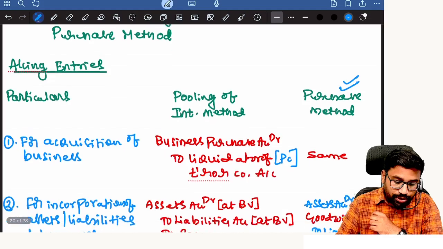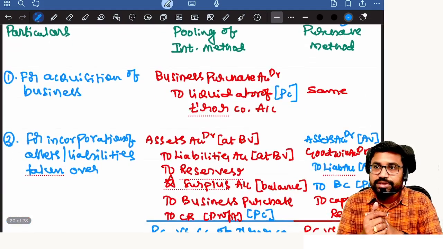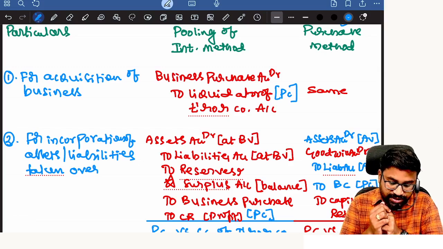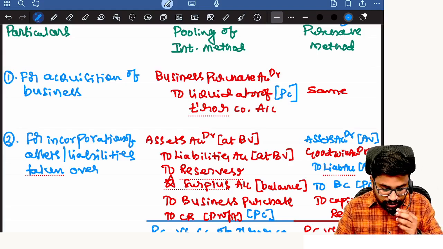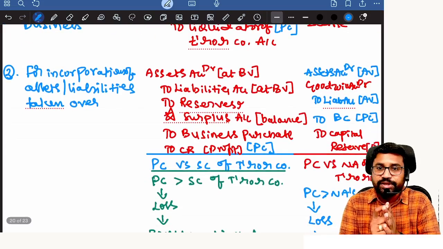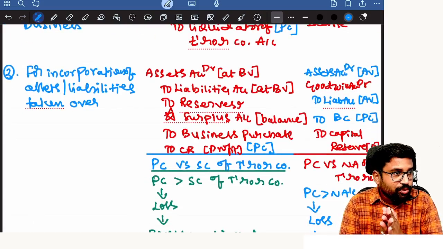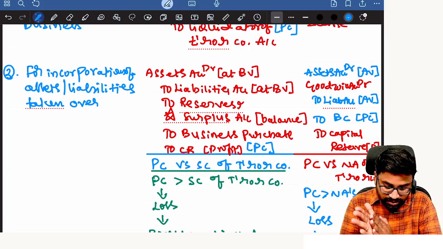And how are we going to pass the entries? For acquisition of business, business purchase account debit to liquidator of transferor company account. For incorporation of assets and liabilities, in pooling of interest method, assets account debit at book value, to liabilities at book value, to reserves and surplus after adjusting losses if any, to business purchase.